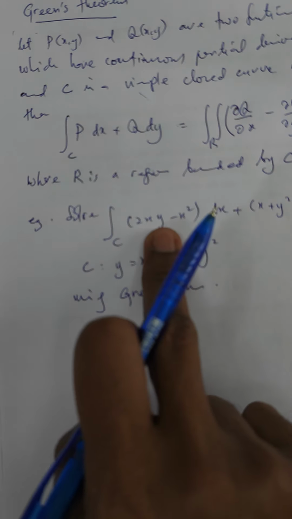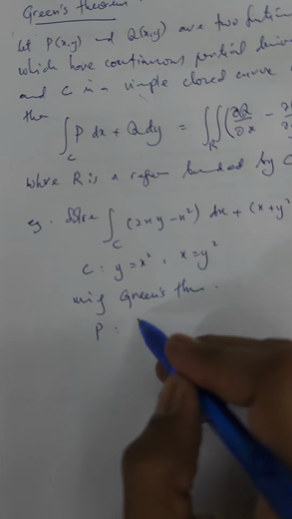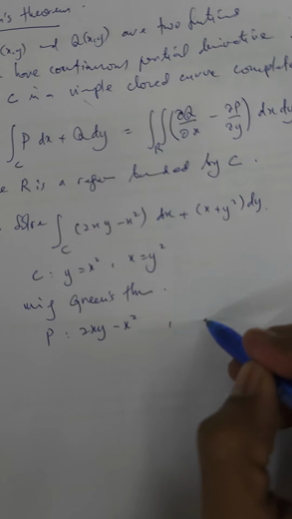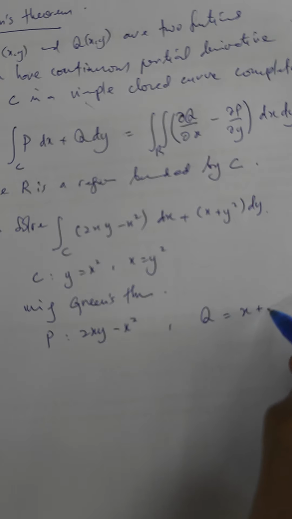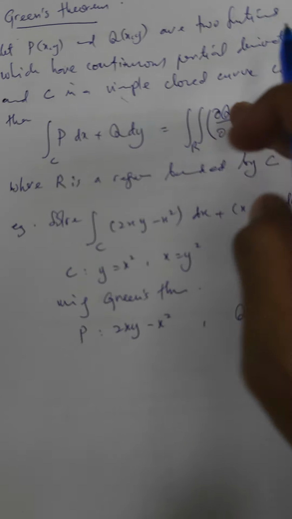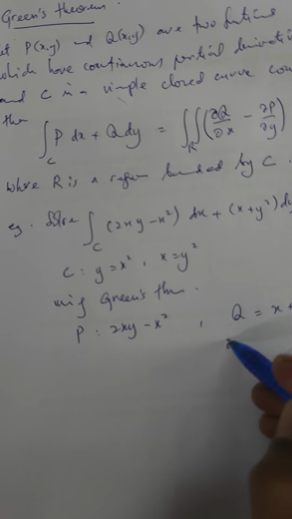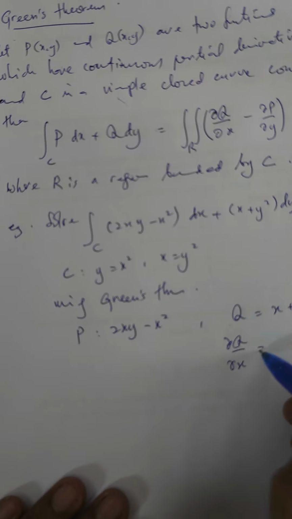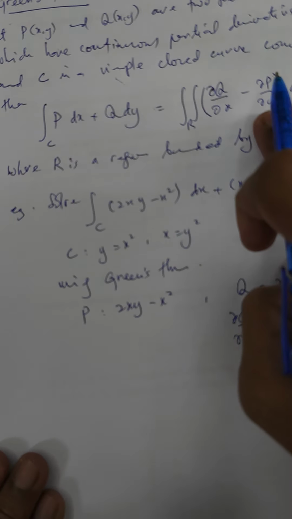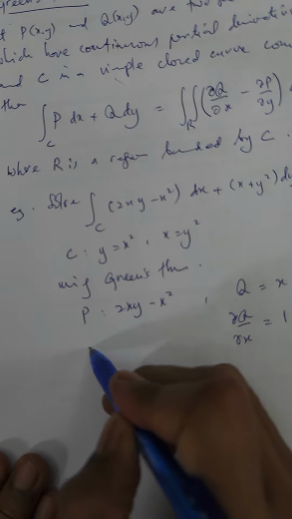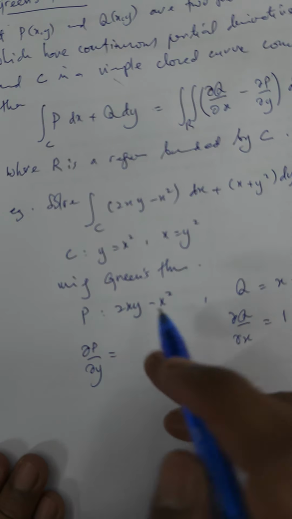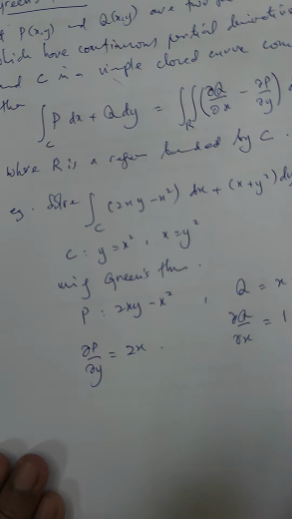So our P is 2xy minus x squared, and our Q is x plus y squared. For Q, we differentiate with respect to x, so del Q del x gives us 1. Whereas for P we differentiate with respect to y, so del P del y gives us 2x.